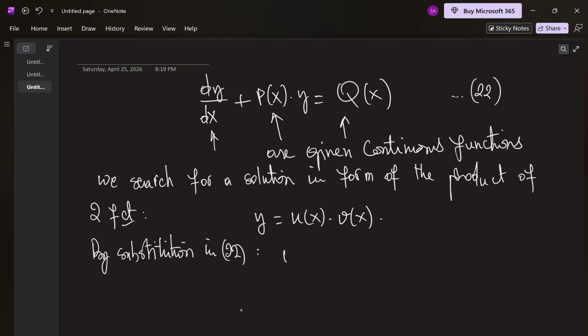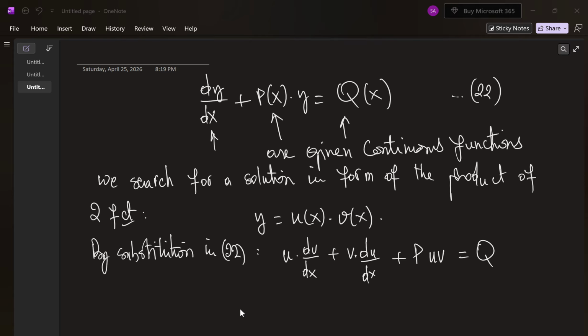It is simply u times dv over dx plus the function v times du over dx, plus p times y, which is u times v, and all of this is equal to the function q. All of those functions depend on the variable x, and we didn't write it to simplify the formula. So now we continue.